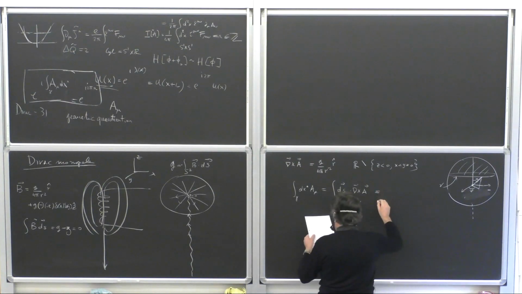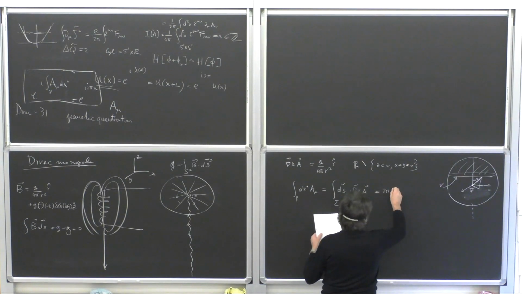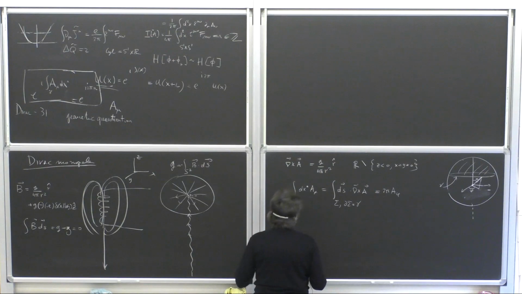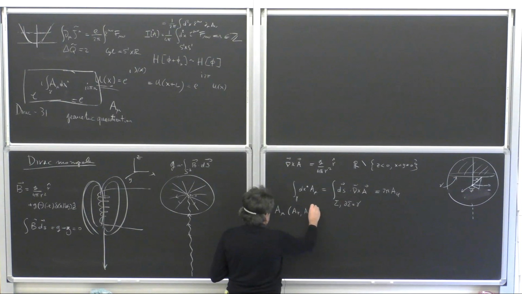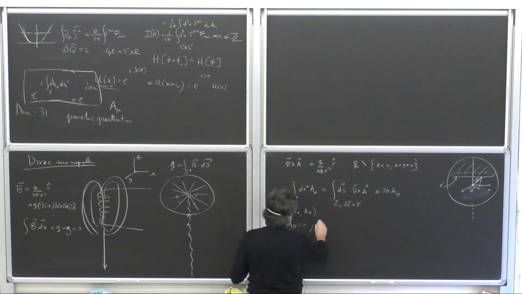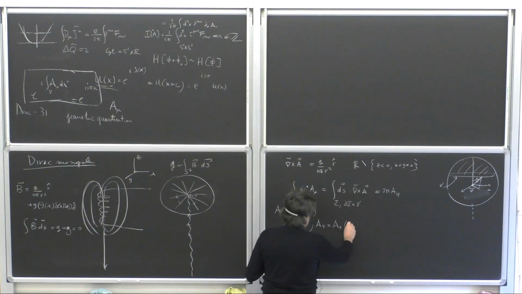So I take the upper cap, and this will be 2 pi A phi. I also use components A phi and A theta. I assume that I can solve for A theta equal to 0 and A phi a function of theta.